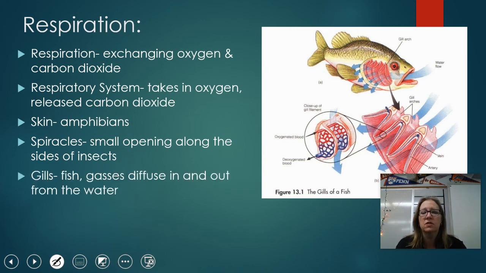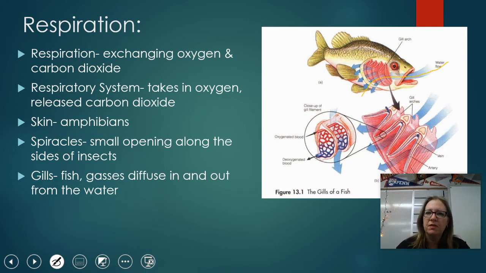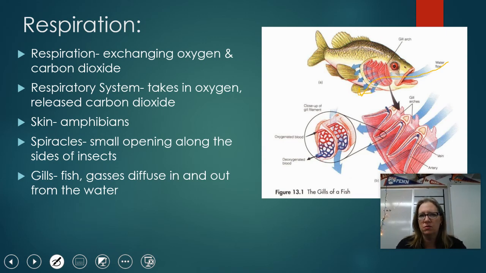Fish have gills. Gills are very similar to lungs, except they're kind of passive, meaning fish aren't really inhaling and exhaling. What they do is they swim, and the water flows over those gills. Now the gills are filled with capillaries.